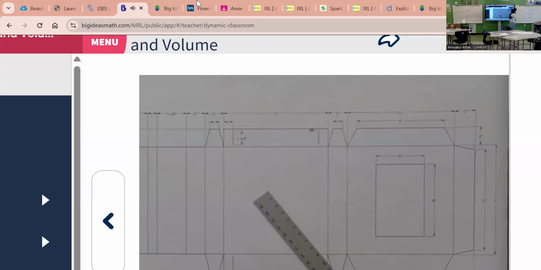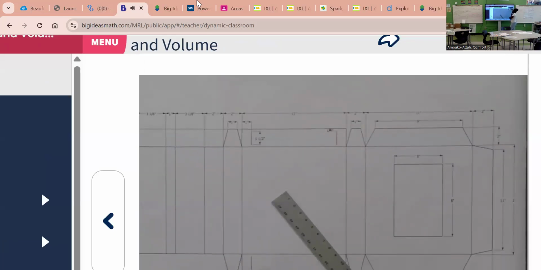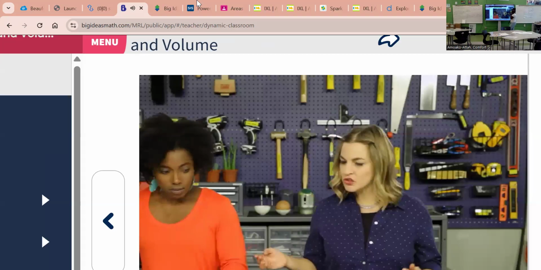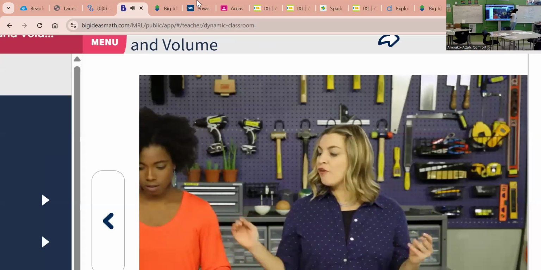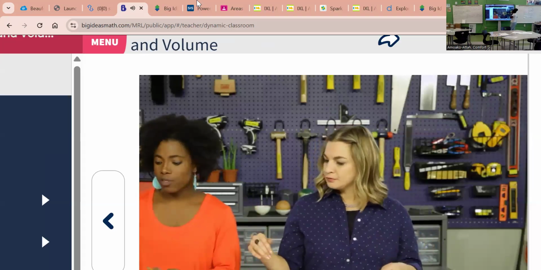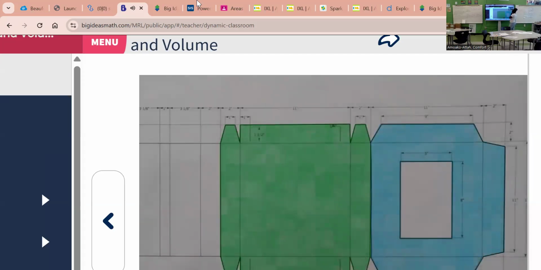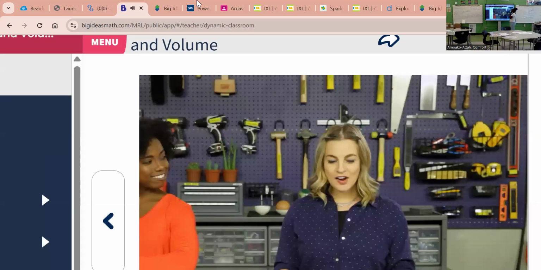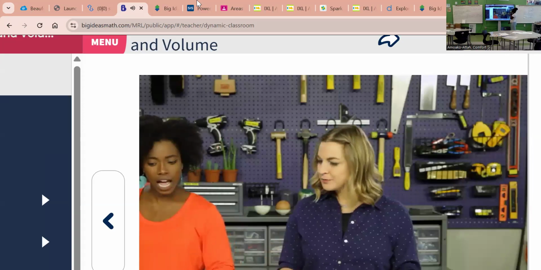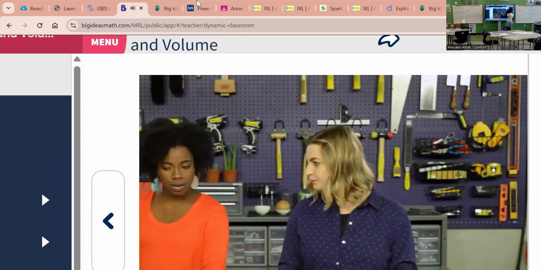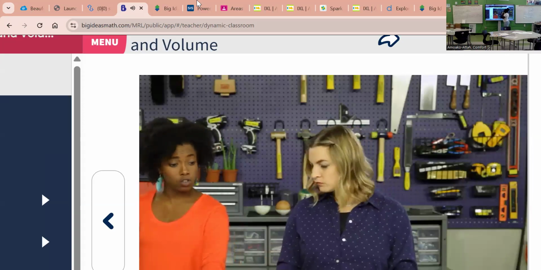I wanted to make a special box for the cookies, so I just decided to design one myself. Amazing. So it looks like you're designing a net to fold into the box shape. Oh yeah, so this here on the right is the lid and this in the middle is the box. And what's this on the left here? Well, I wanted to make something for the cookies to sit on, so they would be displayed well in the box. Can I help? Yeah. I'm about to cut out the prototype to make sure it works. Do you mind finding out which size paper it will need? I'll get right to it. Great, thank you.